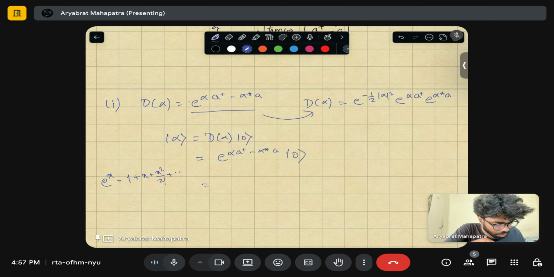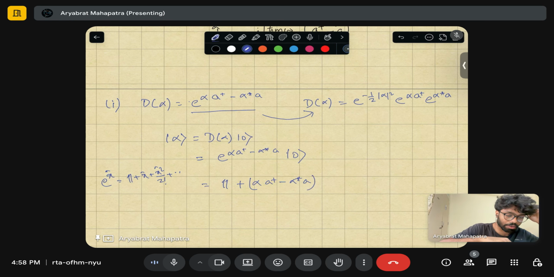If x is your operator, then the first term is the identity operator, then the x operator, then the x squared operator. So identity plus alpha a dagger minus alpha star a.